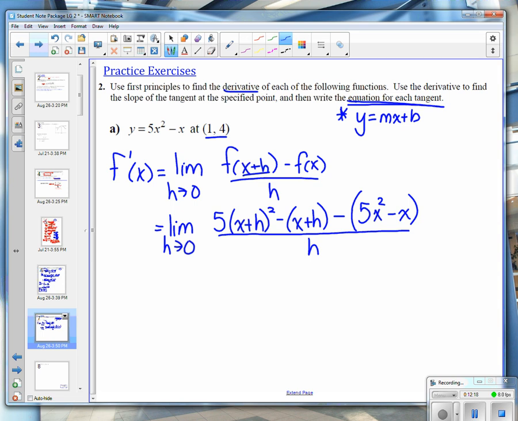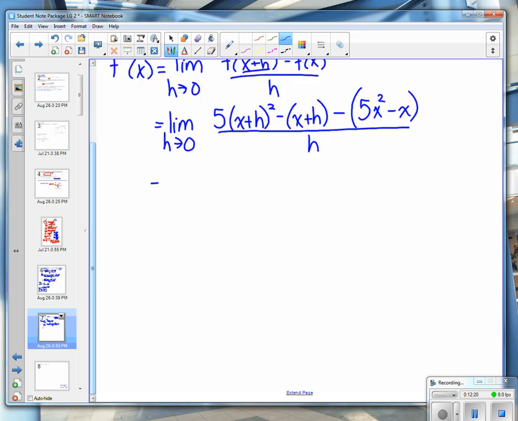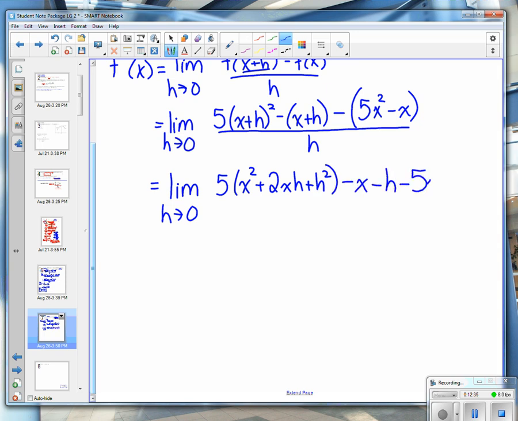Now we need to expand and simplify. So I've got 5 times x squared plus 2xh plus h squared, minus x minus h, minus 5x squared plus x, all divided by h.